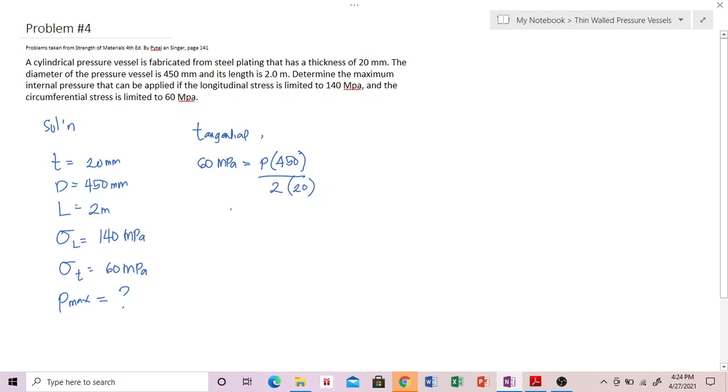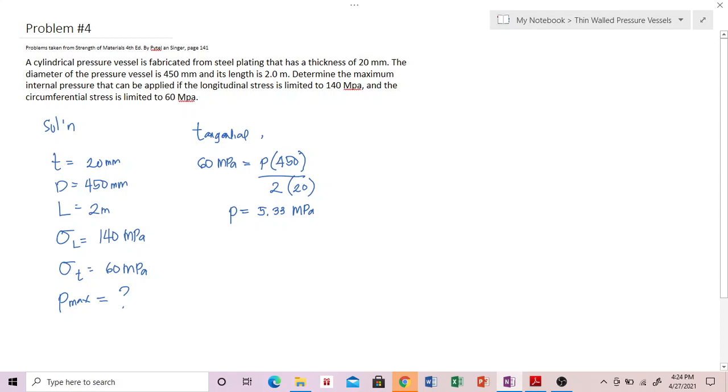So, what is the internal pressure? The internal pressure here is 5.33 megapascal.